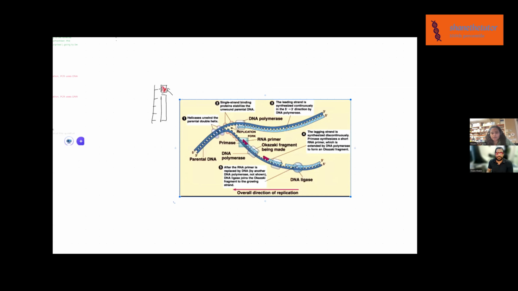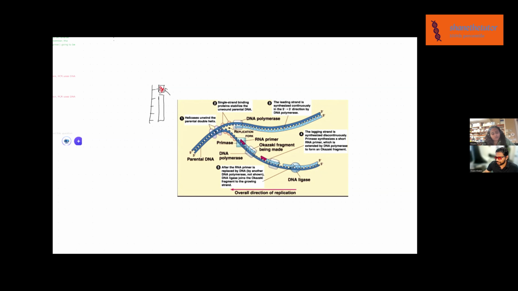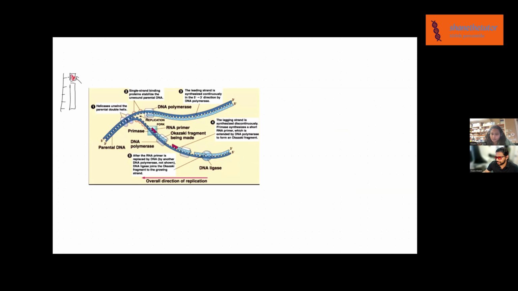So you're aware of, first step, the helicase unwinds the double helix. Then single strand binding proteins stabilize the unwound parental DNA. And you can see the leading strand. If I drew something like this, and let's say that this is 5 prime, 3 prime, 3 prime, 5 prime.